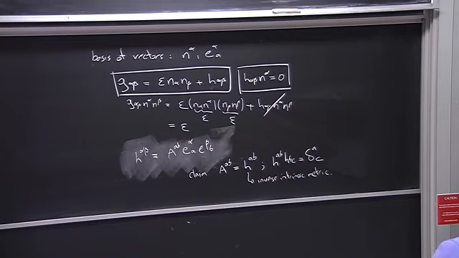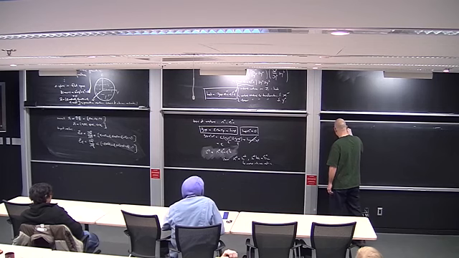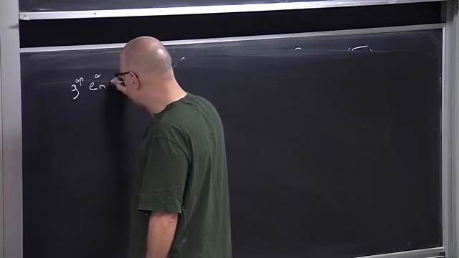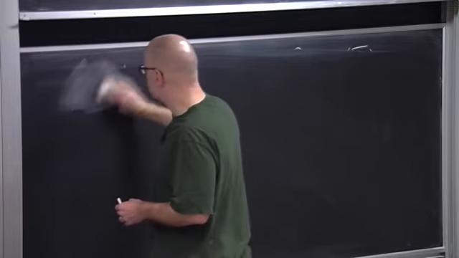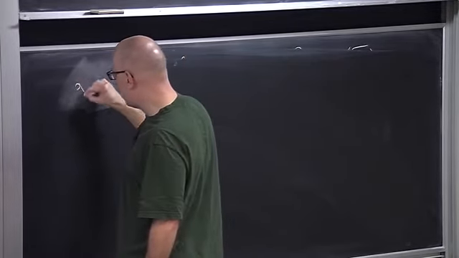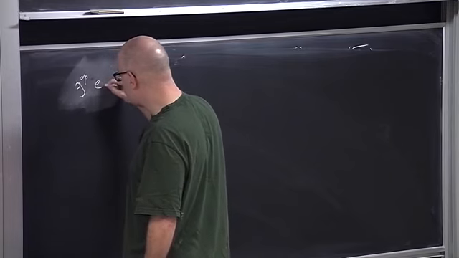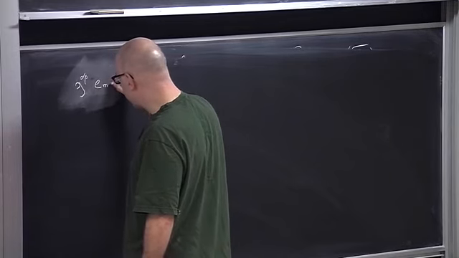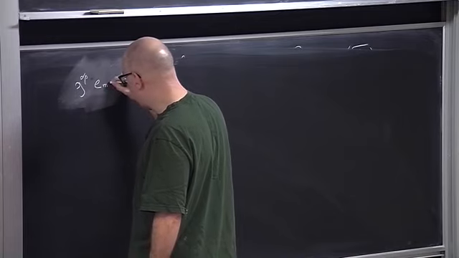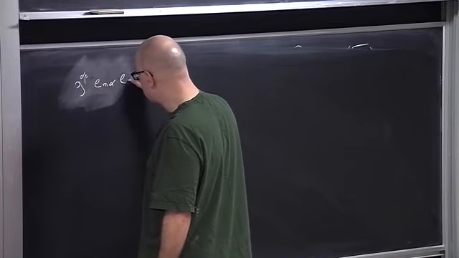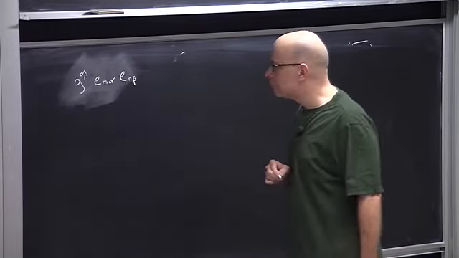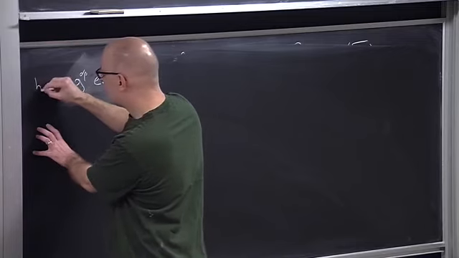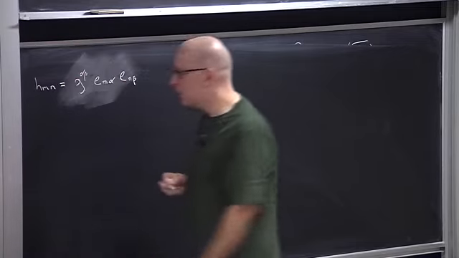Okay. I want to calculate an inner product between two of those tangent vectors. And just to make sure that I don't confuse indices, I'll call them M and N. And that should be equal to, because that's how we define these things, h_{MN}.